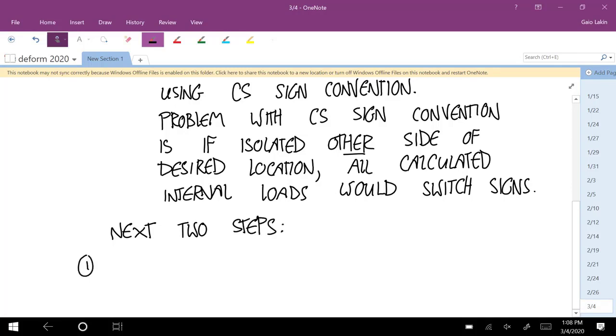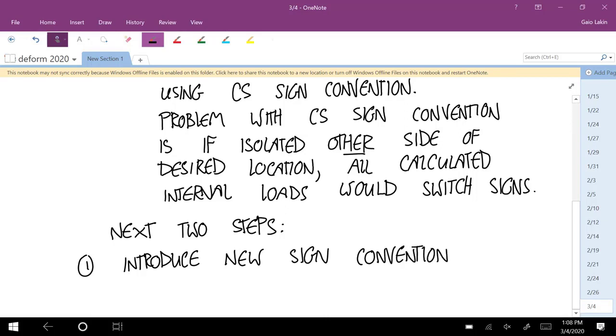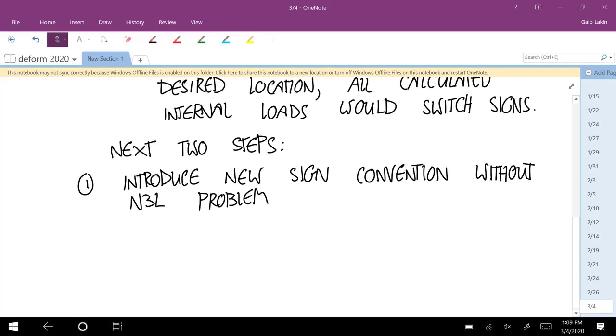First, we're going to introduce a new sign convention that doesn't have that Newton's third law problem, the reason that you switch the signs if you switch which side you're isolating. And that's going to look like this.